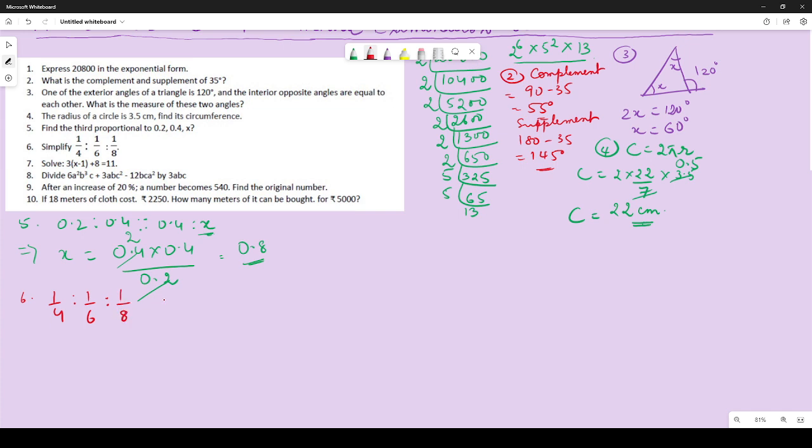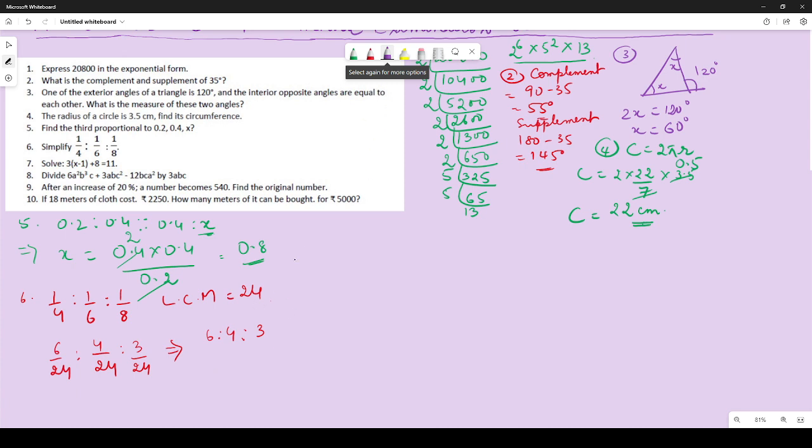Now what you do over here is you take out the LCM for all three of them. So LCM here will be 24. Now let us change them into equivalent fractions. So this gives us 6 by 24 is to 4 by 24 is to 3 by 24. This implies that the ratio will be 6 is to 4 is to 3. Simple? Right.